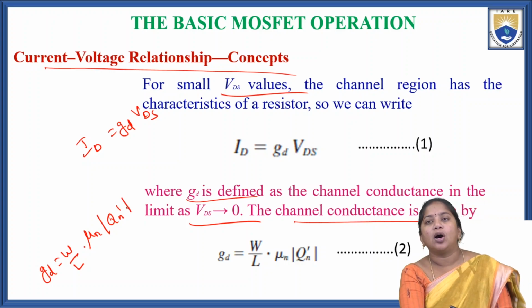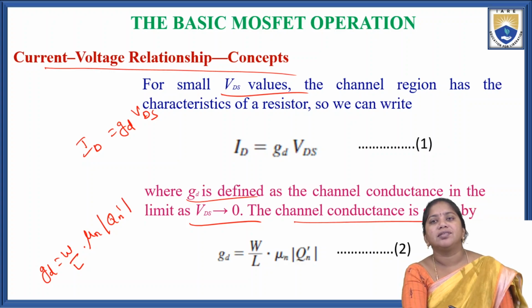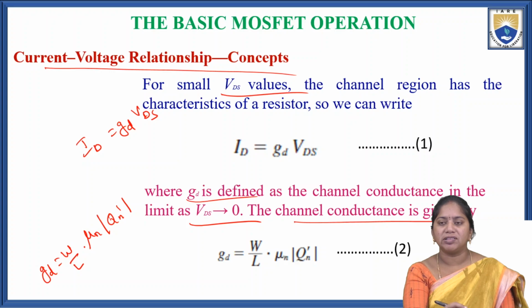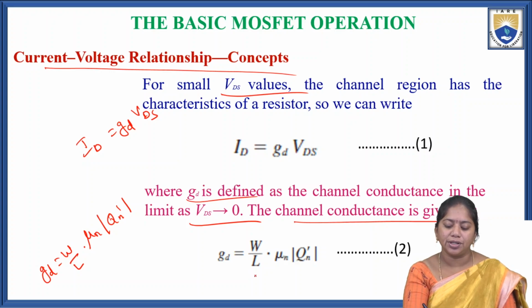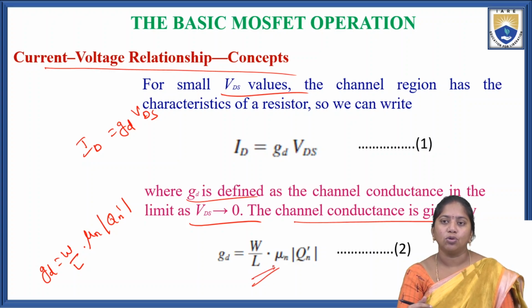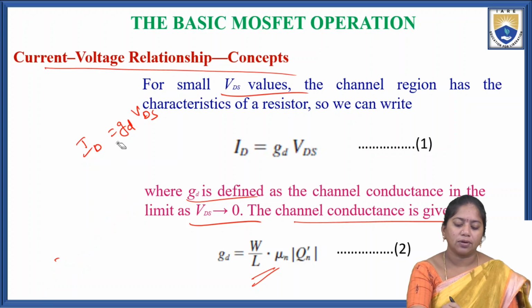So for small values of VDS, the channel region has the characteristics of a resistor. We can write ID equal to GD times VDS, where GD is the channel conductance in the limit VDS tends to 0. The channel conductance is given by GD equal to W by L times mu n times modulus of Qn dash.